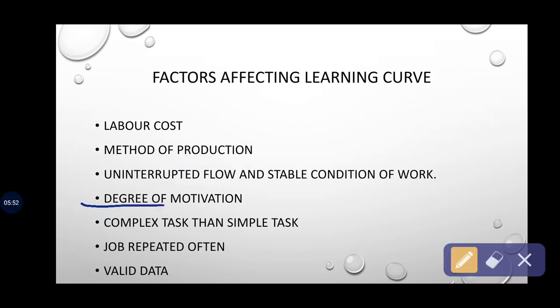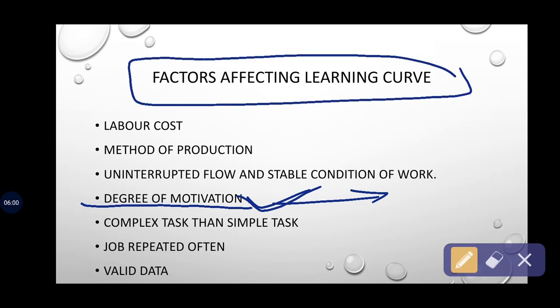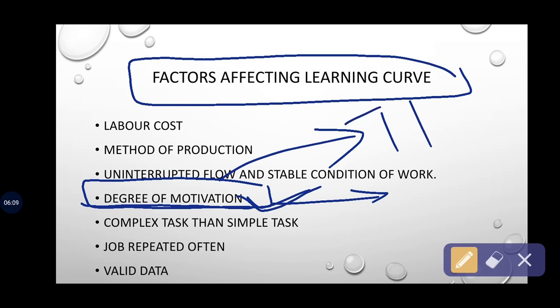So here also, degree of motivation matters. The more motivation they get, the more their learning capacity will increase. Giving motivation, encouraging, is in the hands of the company's top level management.